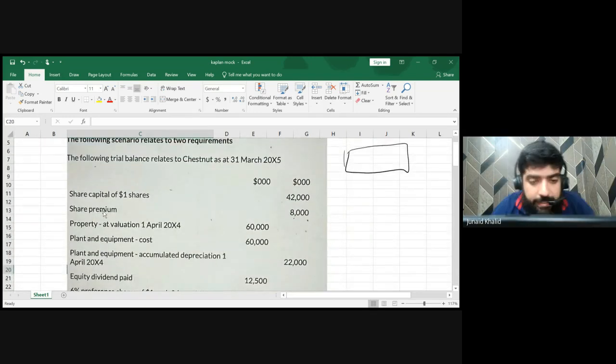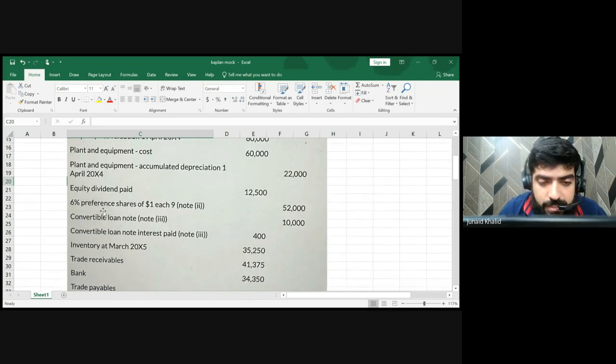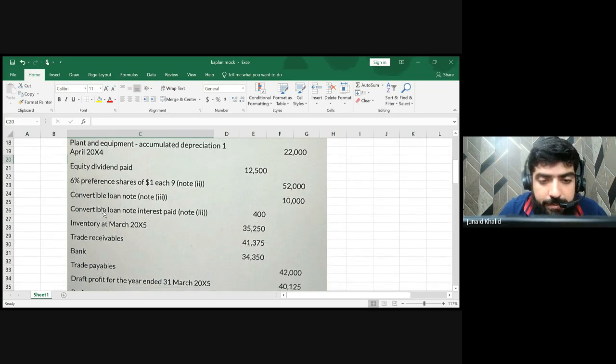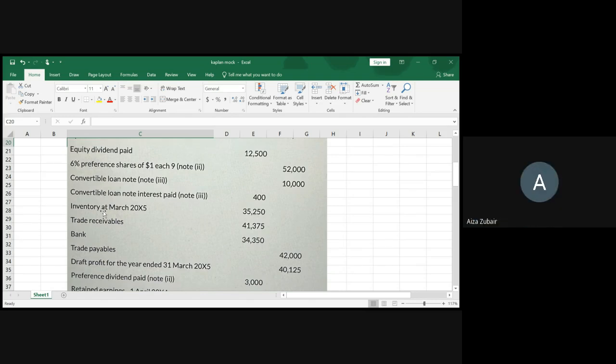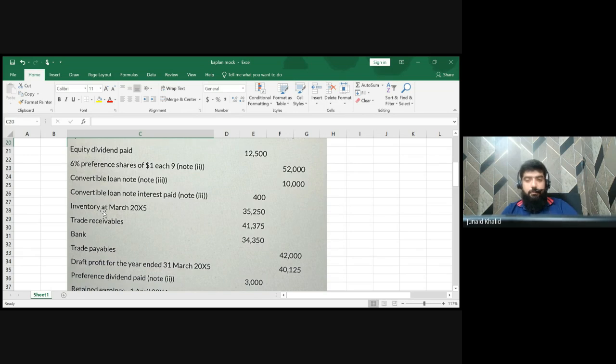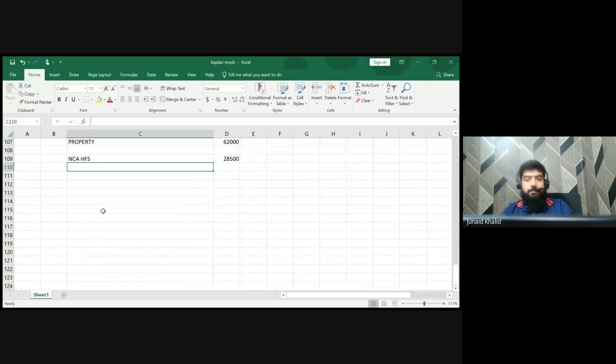If you start from the beginning, property we are done, plant is no more, equity dividend, preference shares and the convertible loan note are liabilities. Okay, inventory. The amount of inventory is going to be 35,250. So 35,250 will be recognized in the inventory.